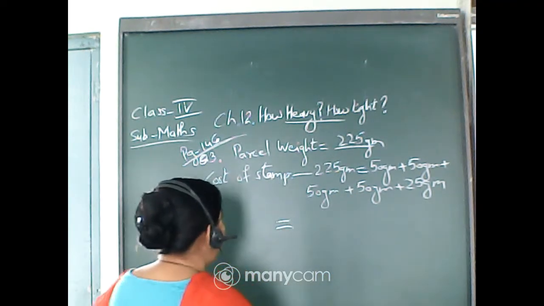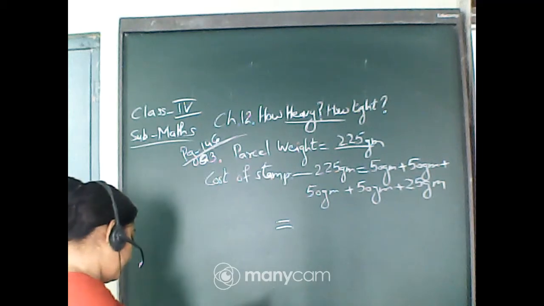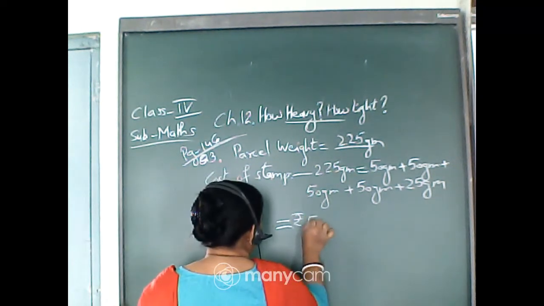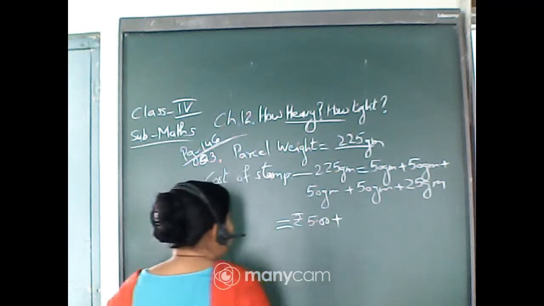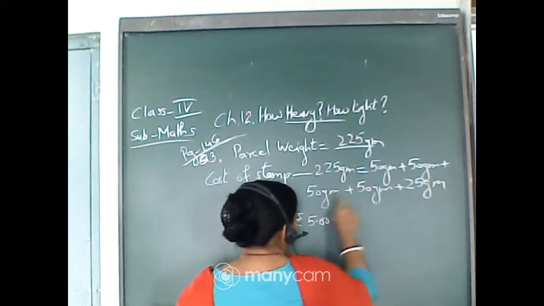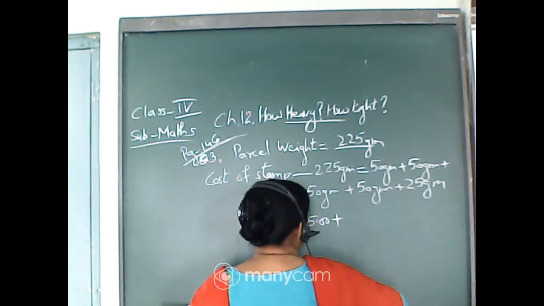So for first 50 gram you have to give rupees 5, and for every additional 50 gram you have to give rupees 3. That means 1, 2, 3 and 4 times rupees 3.